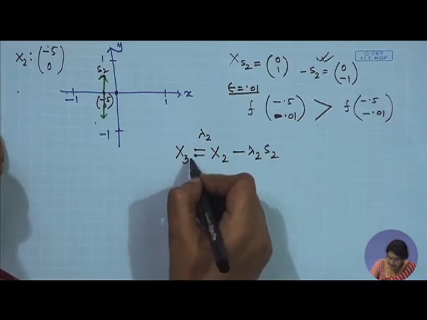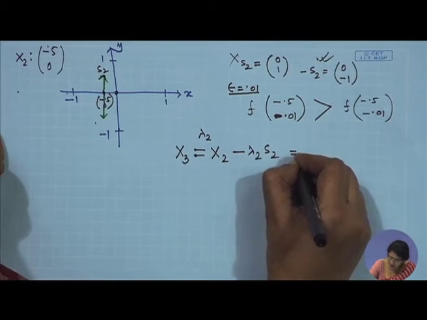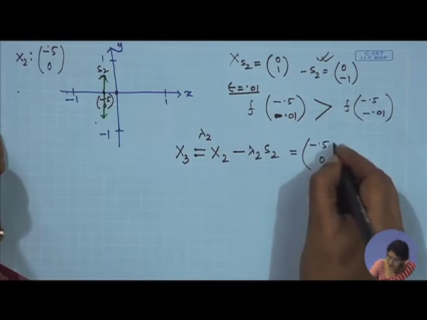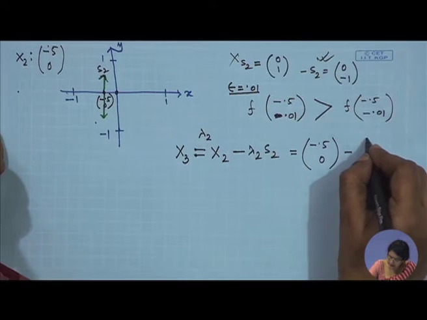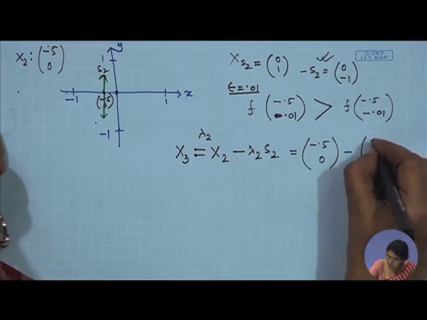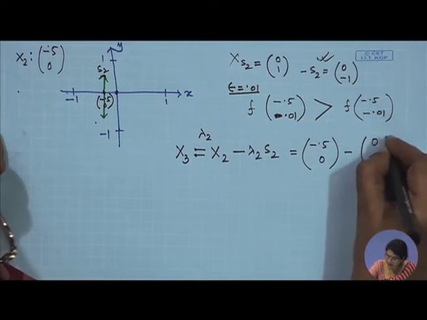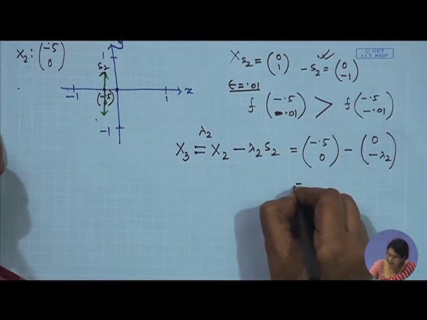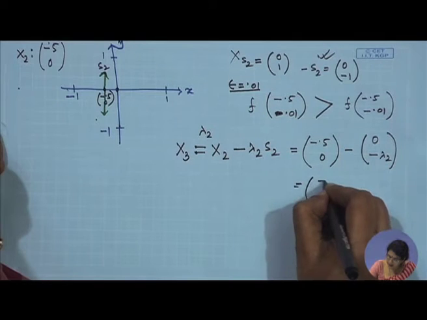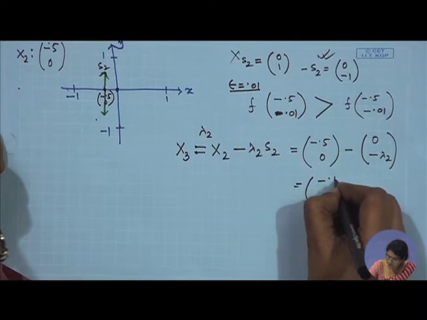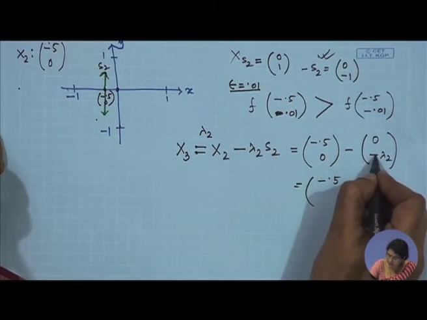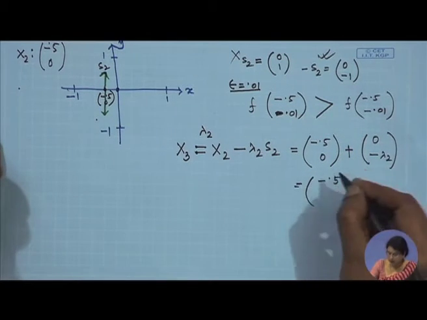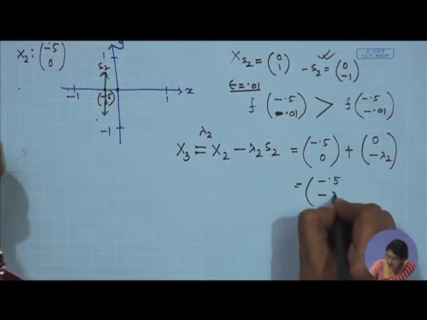Now in this point, what is the point is coming? If I consider this is minus 0.5, 0, this is the direction 0, minus 1, that is why 0 minus lambda 2, alright. If I consider this point is coming, oh, I cannot take both as a minus, that is why if I consider minus here, I should take plus here, alright, minus lambda 2.